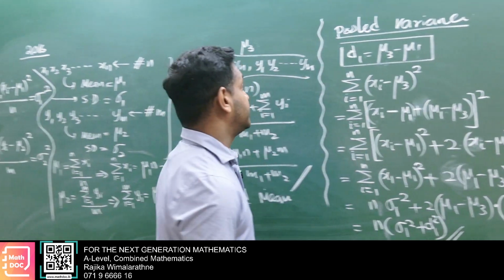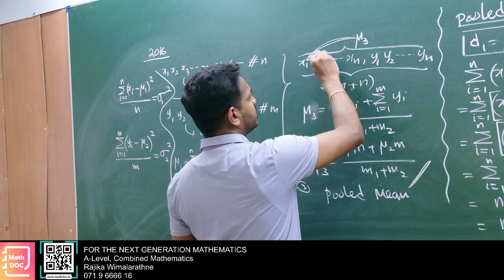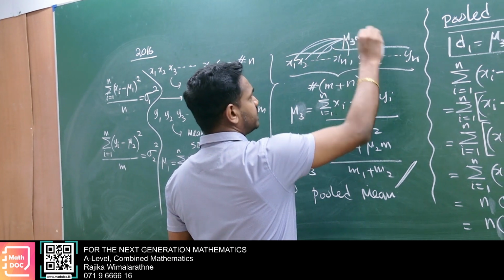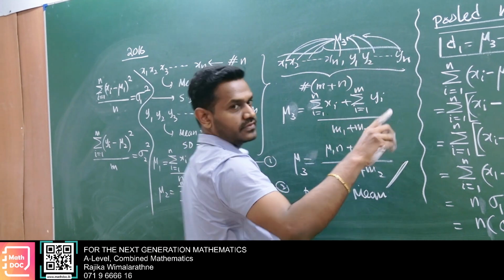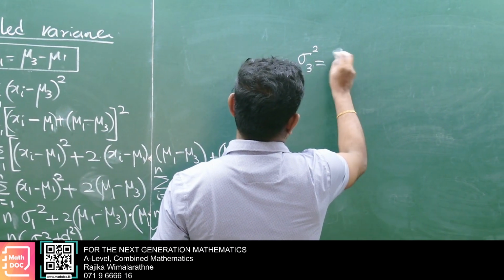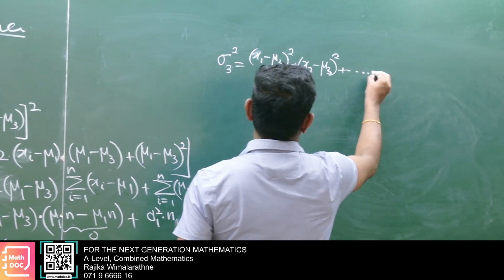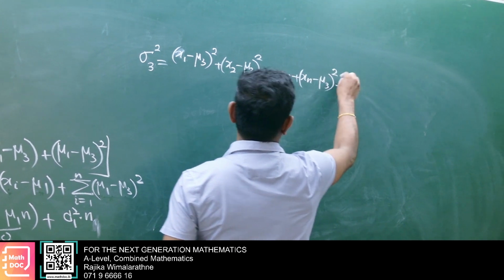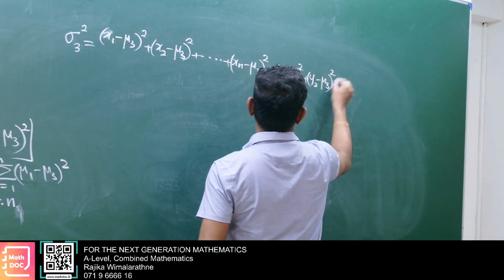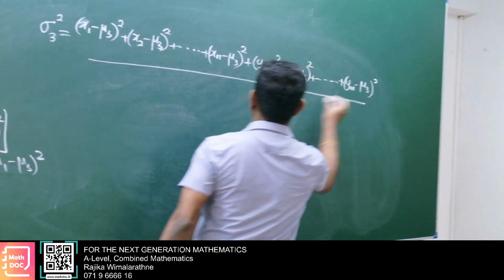Now see the pooled mean. Here this is the pool: (x1 minus mu3) squared, (x2 minus mu3) squared, (x3 minus mu3) squared, and so on up to (xn minus mu3) squared, then (y1 minus mu3) squared, (y2 minus mu3) squared, up to (ym minus mu3) squared, all divided by m plus n.